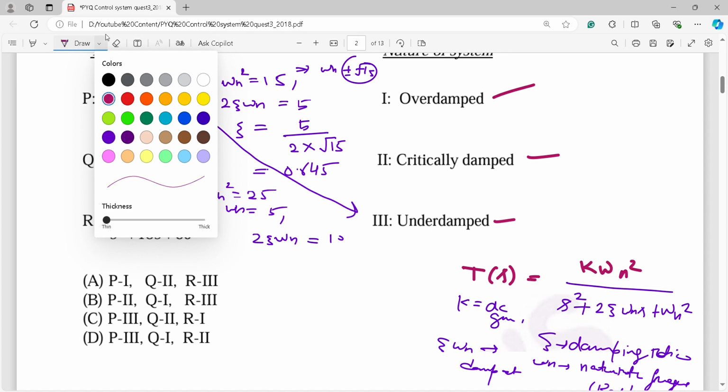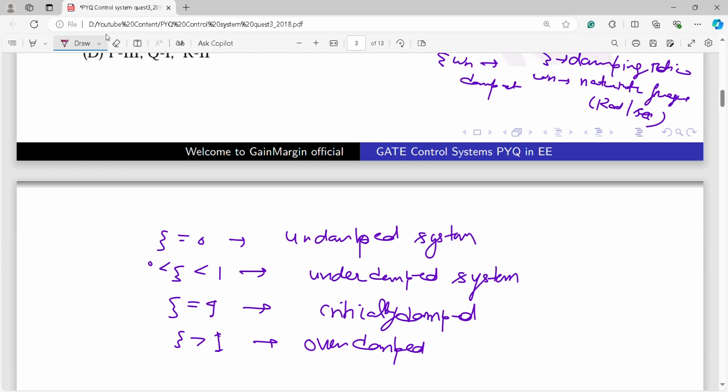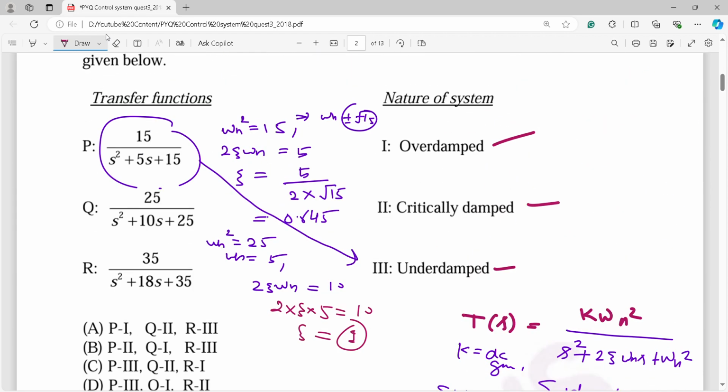Then zeta turns out to be 1. Zeta is 1, which is the condition for critically damped. So for this, the second option is correct. The remaining one is the overdamped system, for zeta greater than 1.